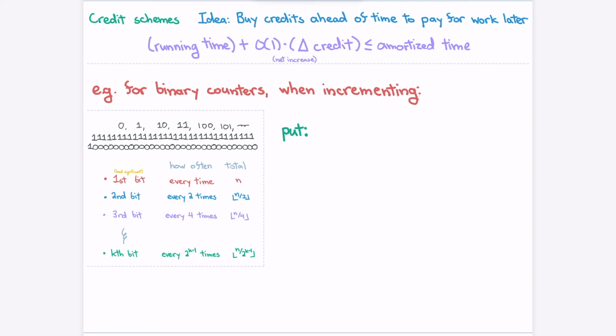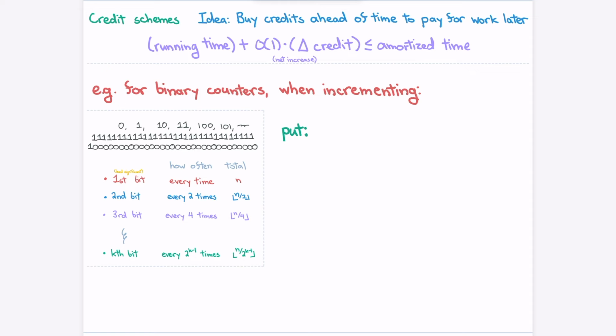We probably should buy a constant amount of credit because we're going for a constant amortized bound. So let's say I buy 2 credits or 3 credits, doesn't matter. But I want to argue that every time I flip k bits, I have k credits ready.